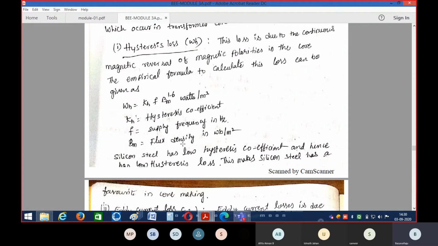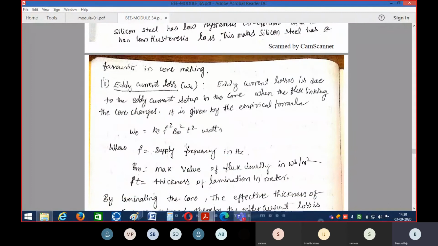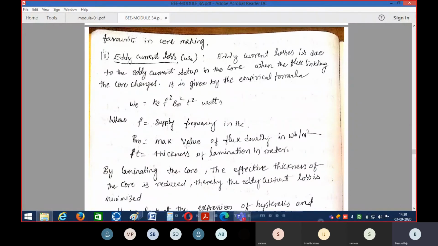The unit of flux is the Weber and the unit of area is meter square, so the unit of flux density becomes Weber per meter square. This is the empirical formula we use to calculate the hysteresis loss in the transformer. Next, coming to eddy current losses, this is another type of core loss taking place in the transformer.